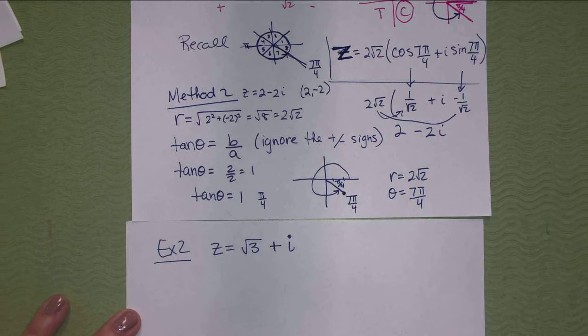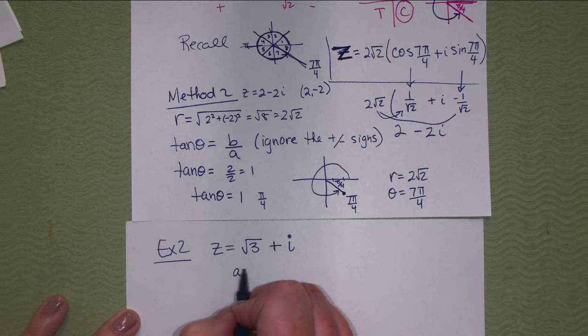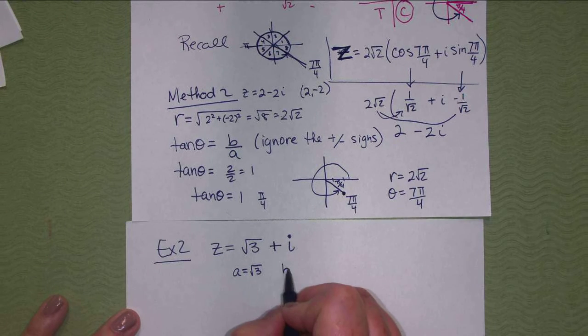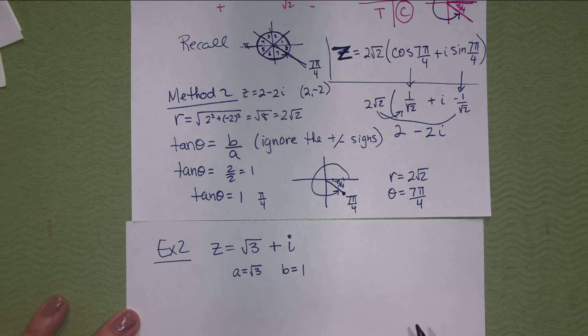So what's A and B? A is root 3 and B is 1. Okay? Actually, let's make it a negative to make it harder. We don't just land in the first quadrant. So A is negative root 3 and B is 1. Okay? So we need to find R.